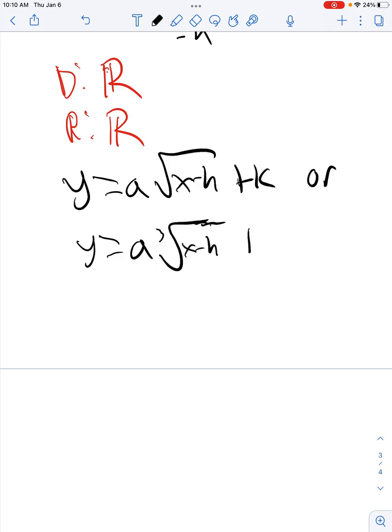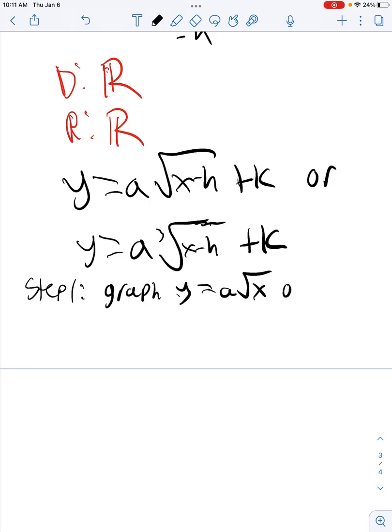The x minus h is underneath the square root sign. So step 1 is graph y equals a square root of x, or y equals a cubed root of x.